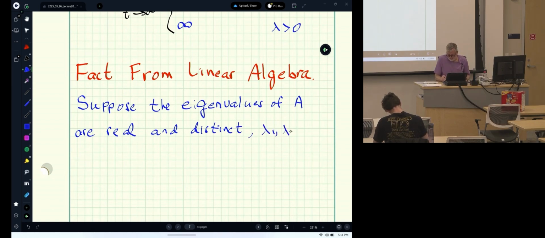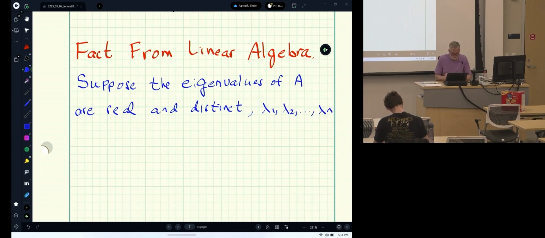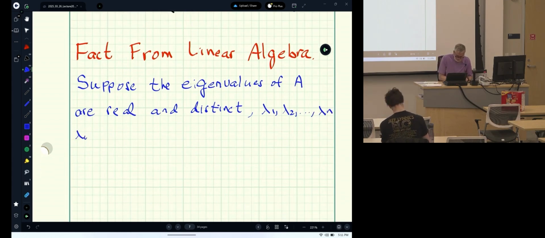So I've got n eigenvalues, and lambda i is different than lambda j for i not equal to j. Okay?